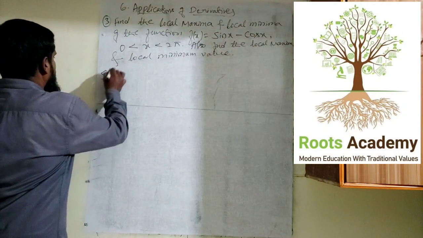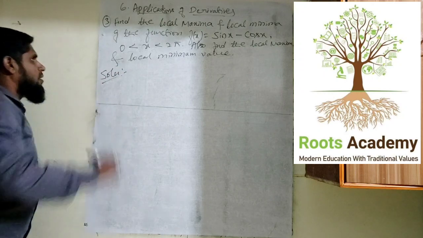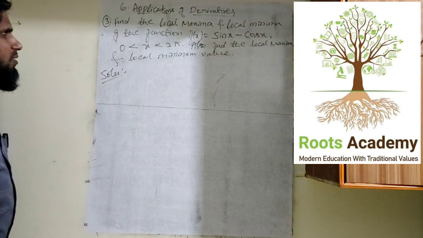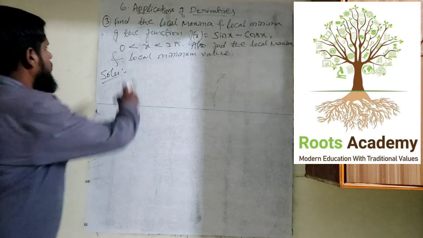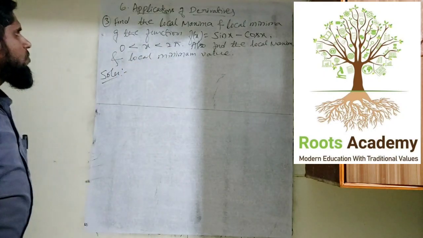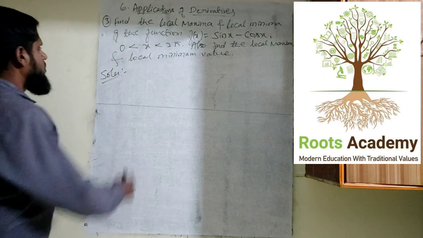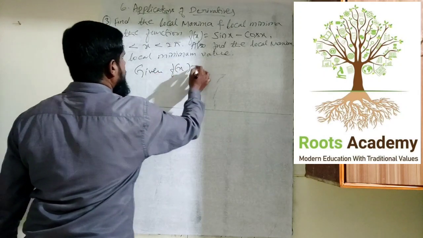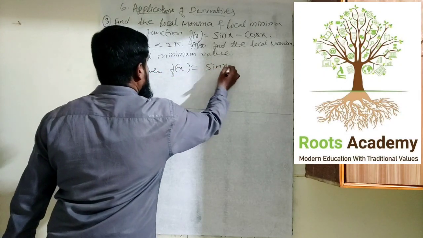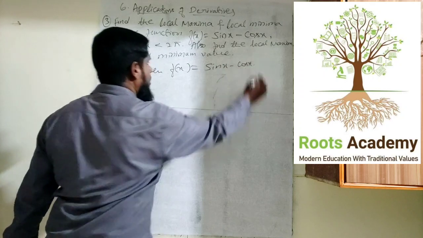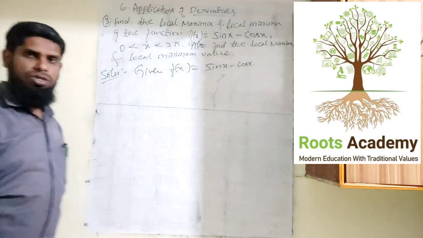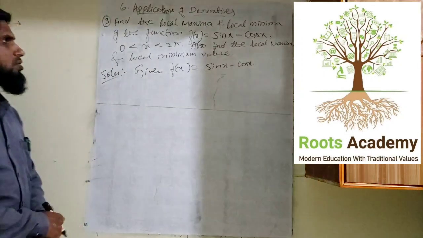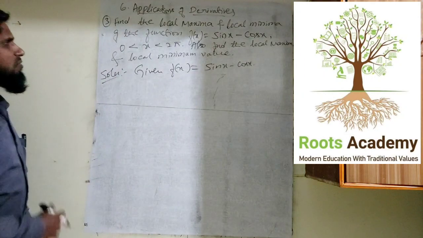Again, it is a trigonometric function. It is 0 to 360. Given f of x is equal to sin x minus cos x. Then what will we get?